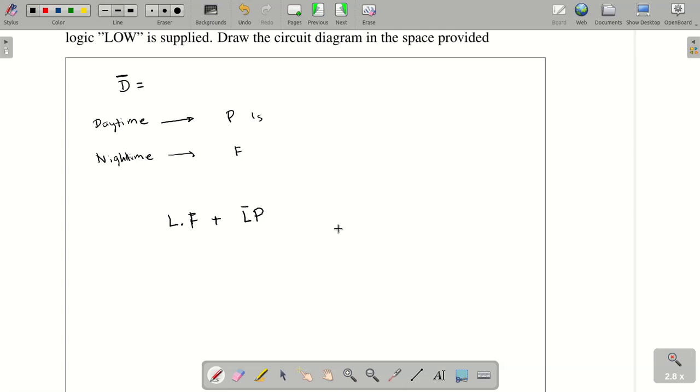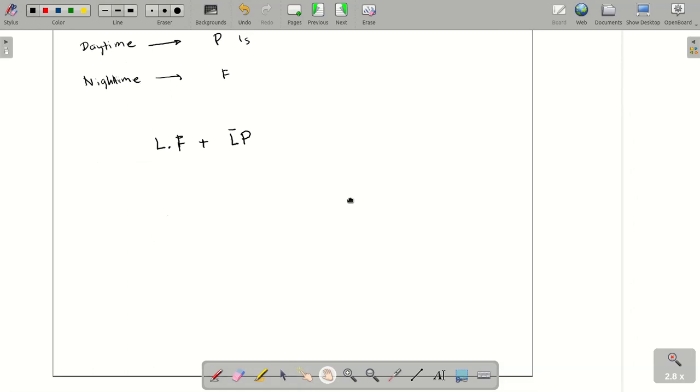If you want to do anything with time, you need to use a sequential circuit. So we'll connect this through a flip-flop, and this is what you'll do. You can just do something like this, where you have a flip-flop.